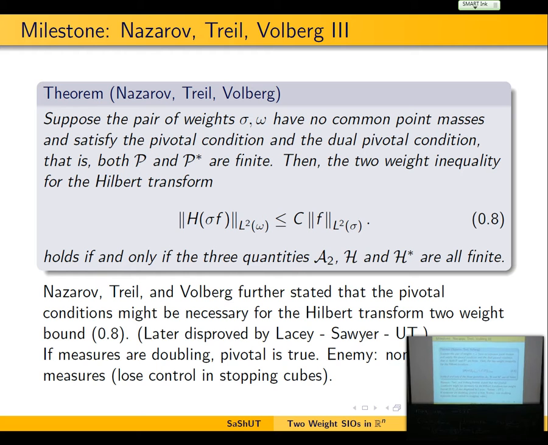So the big conjecture at the time was whether you could remove pivotal or whether they were necessary or not. I recorded here this is the norm inequality.